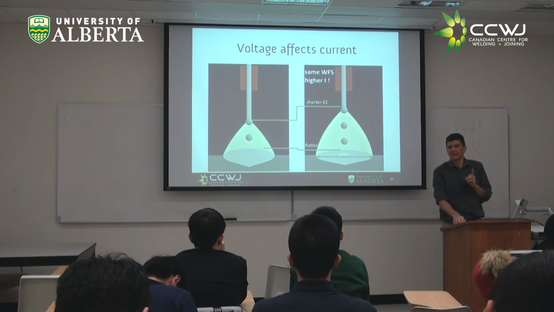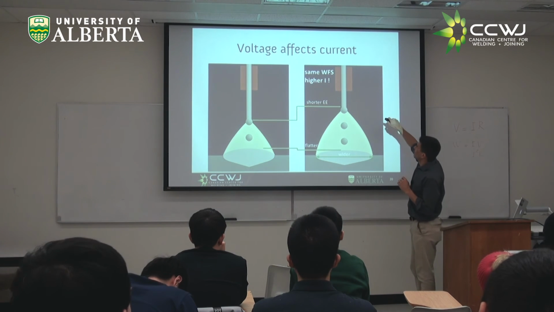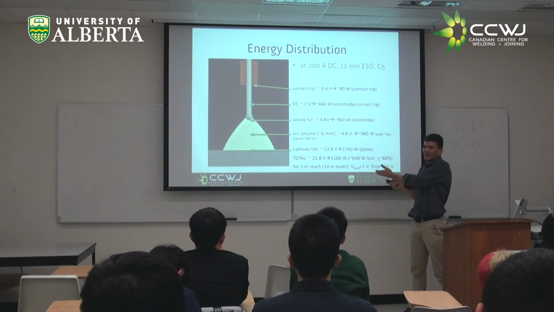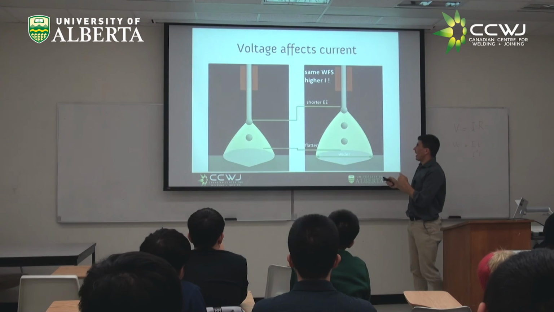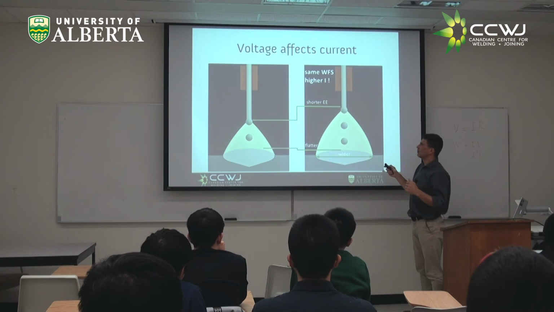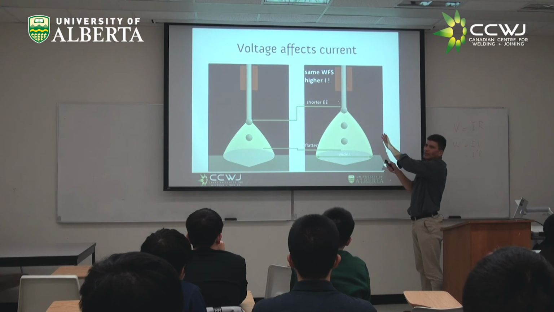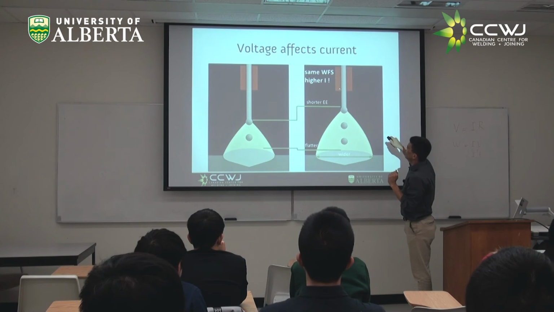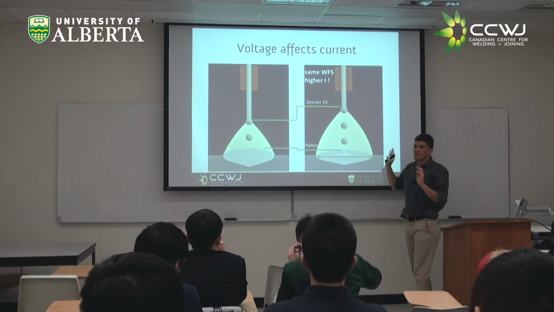Right. So look, to melt an amount of wire, I needed all this energy. Cathode flow, more or less the same. Anode flow, more or less the same. The arc does not affect the electrode melting. Contact tip to wire, more or less the same.